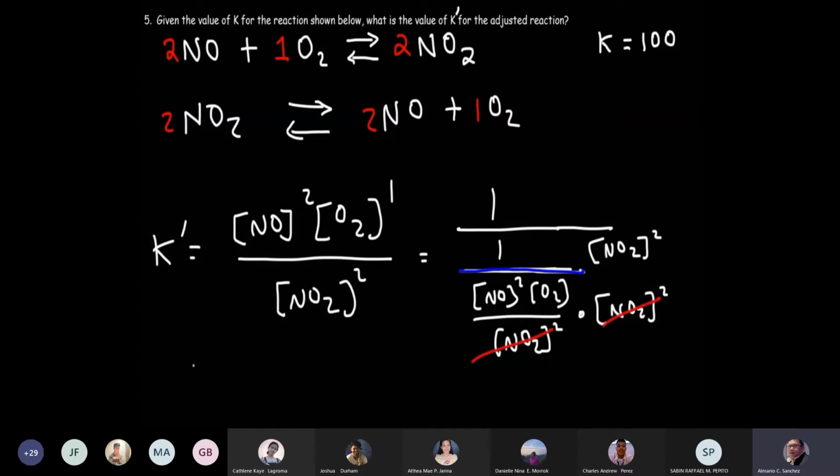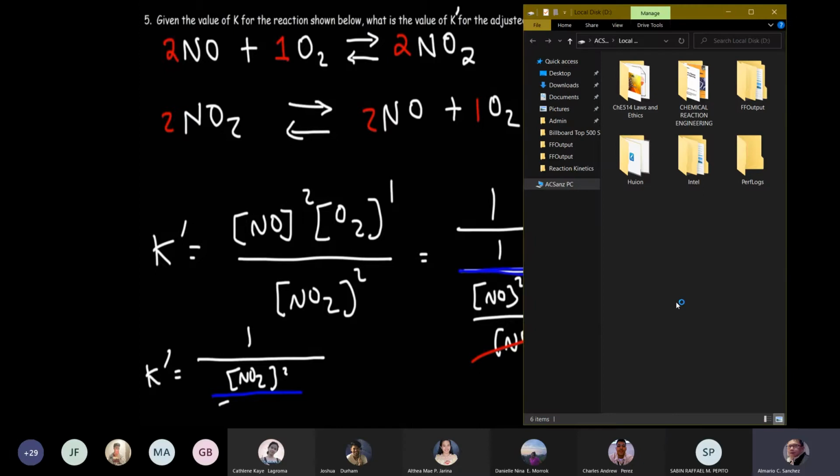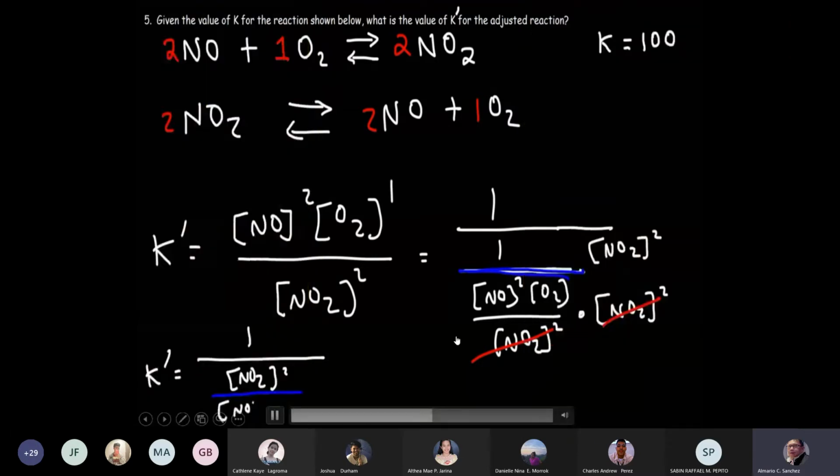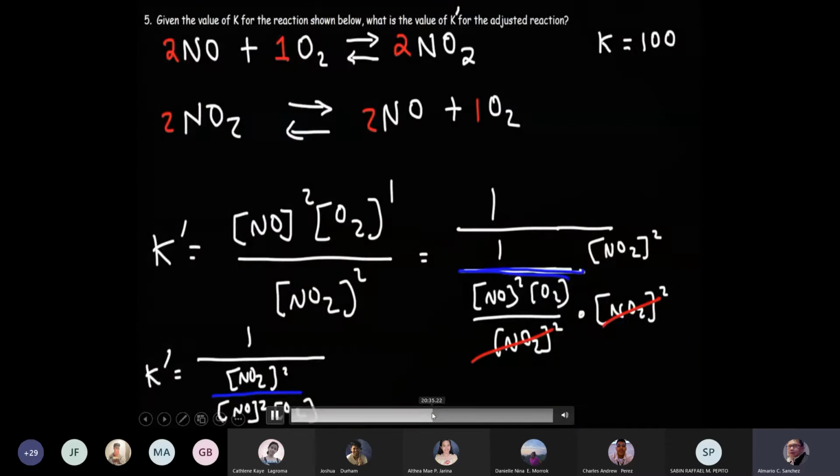And so what we're going to have left over is K prime is equal to 1, and then that's this line in white, divided by NO squared. I'm going to draw the fraction line that's highlighted in blue, which is this line, over NO squared times O2.